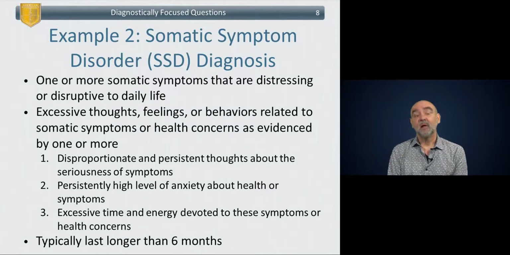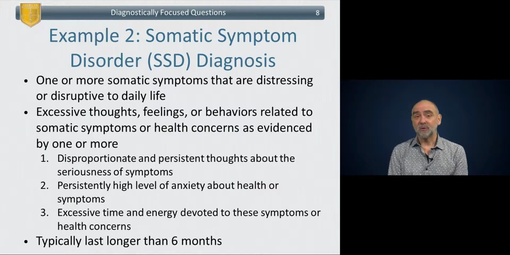Okay, so I need at least 1 somatic symptom. What the heck is a somatic symptom? Well, frankly, the easiest way to remember is to replace the word somatic with physical, a physical symptom. Pain, indigestion, bloating, diarrhea, constipation, pain during sexual activity, just things like that, physical symptoms.